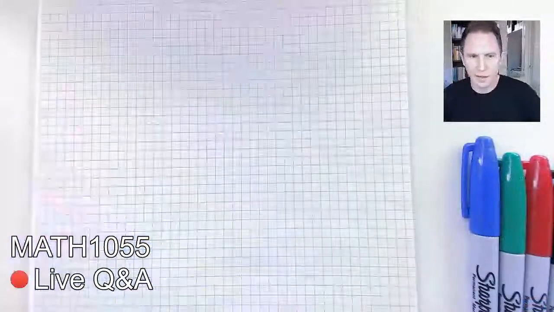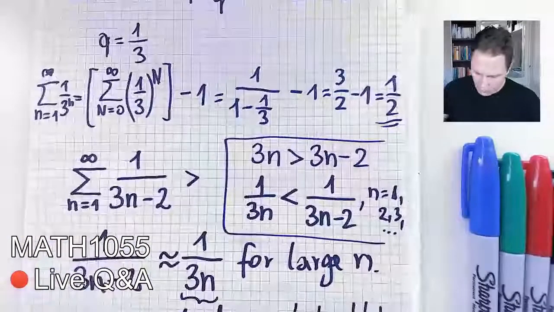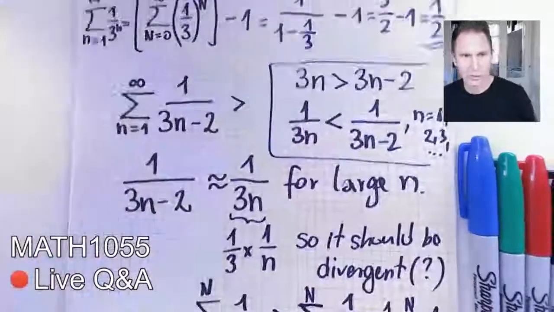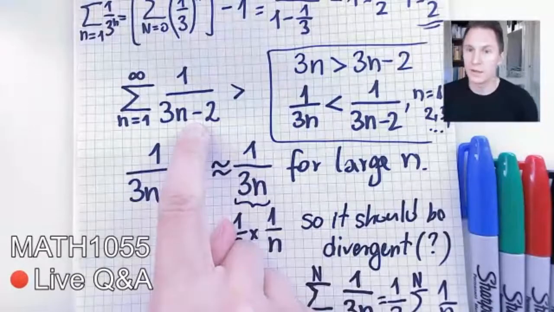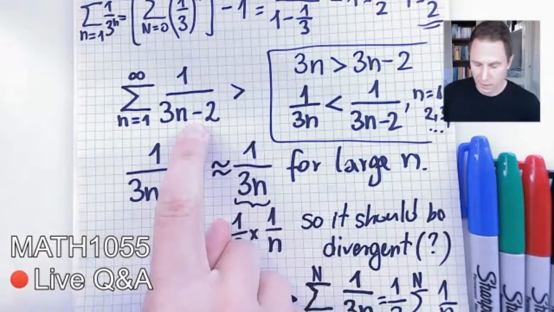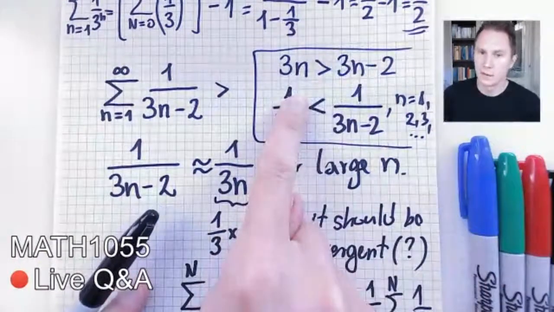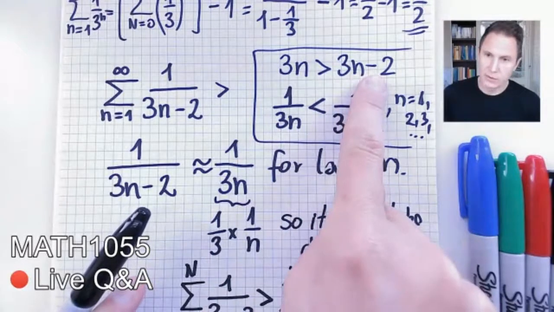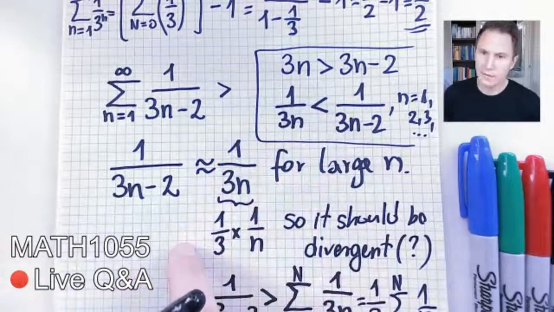So let me first quickly go back to this previous problem. So what if we had plus 2 in the denominator, not minus 2? Then this reasoning couldn't have worked, right? Because 3n plus 2 is greater than 3n, so it would be the opposite inequalities.